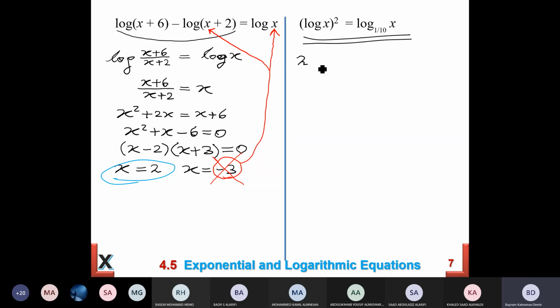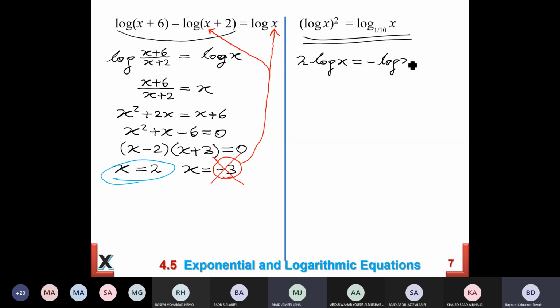So we'll get 2 times logarithm of x equals 2. And on the other side we have logarithm of x with base 1 over 10. Well, we must have base 10 on both sides, as you see.